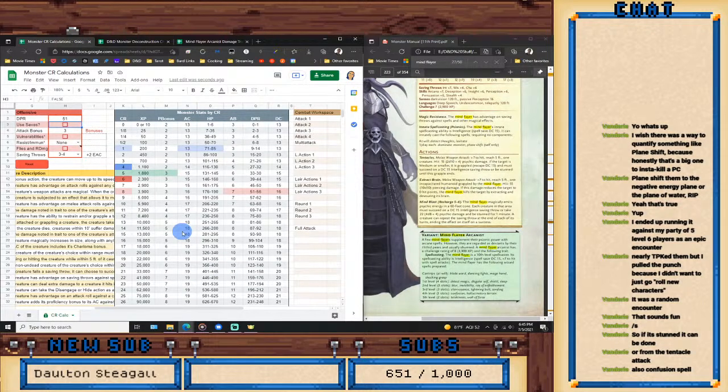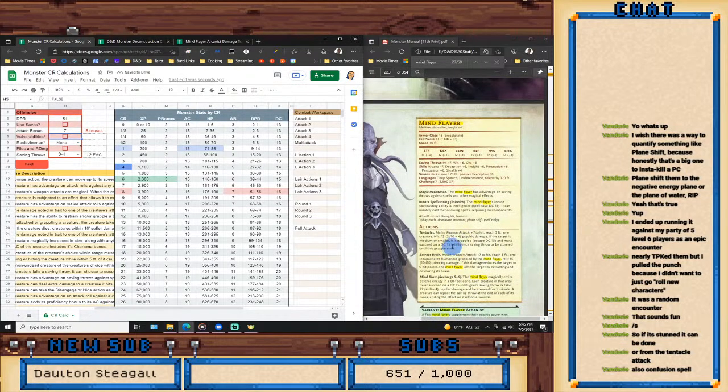If not, it can try to do the extract brain again if the target is still incapacitated at that point. And then on top of that, we'll add in the +7 to hit and see what we get for our Mind Flayer.